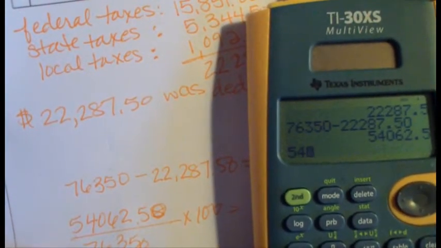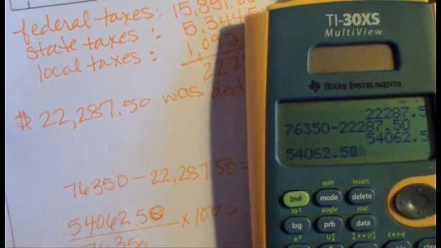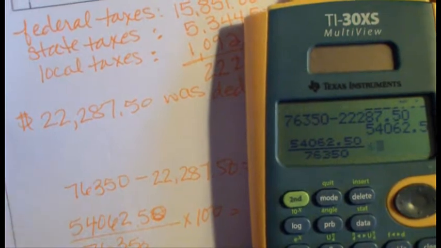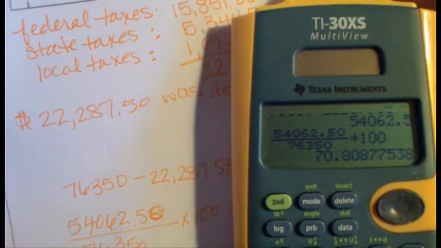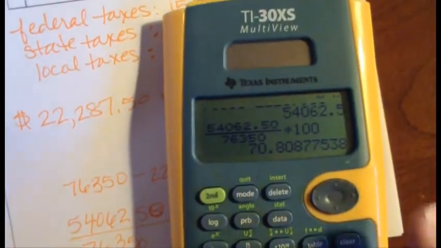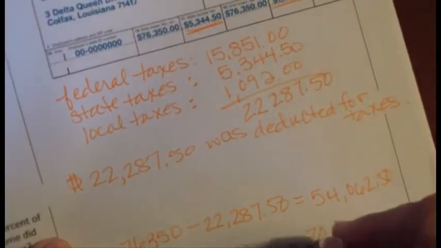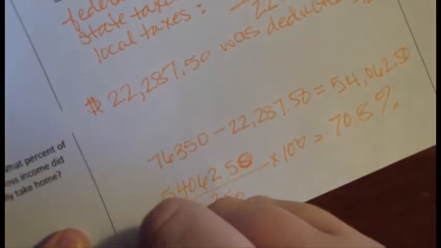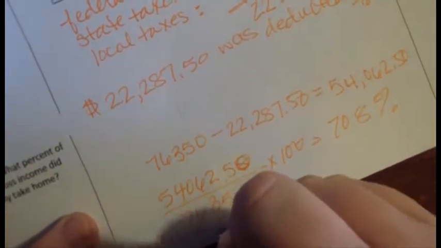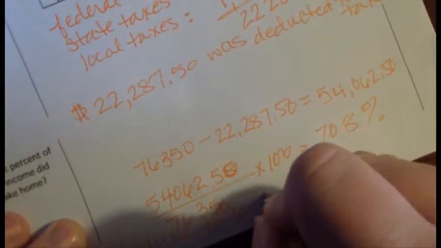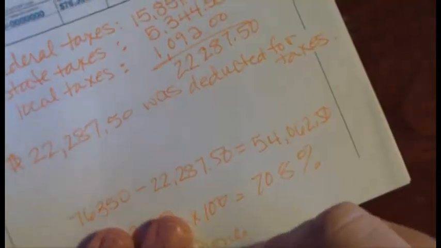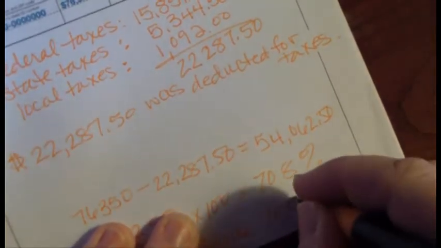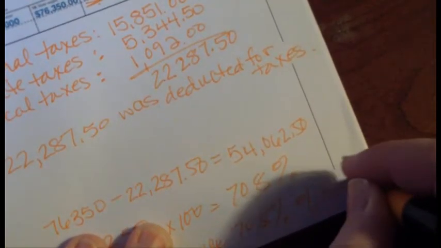So 54,062.50 over 76,350 times 100, 70.8%. So Joanne took home 70.8% of her wages.